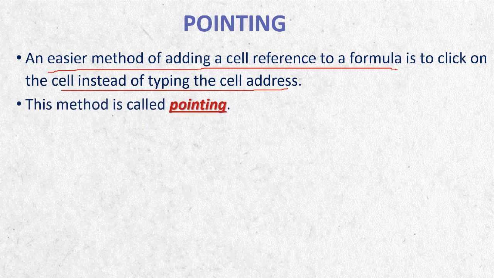This method is called pointing. Pointing is a method of adding a cell reference to a formula. Cell reference is nothing but identifying the cell. So click the cell instead of typing the cell address.